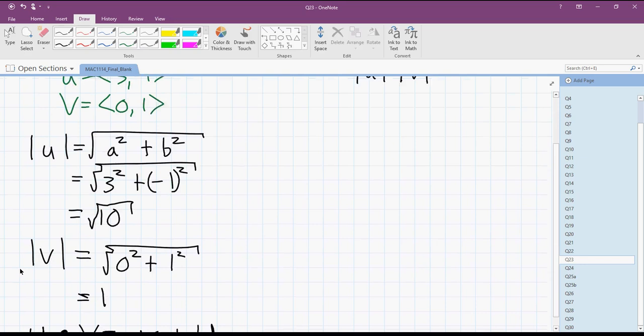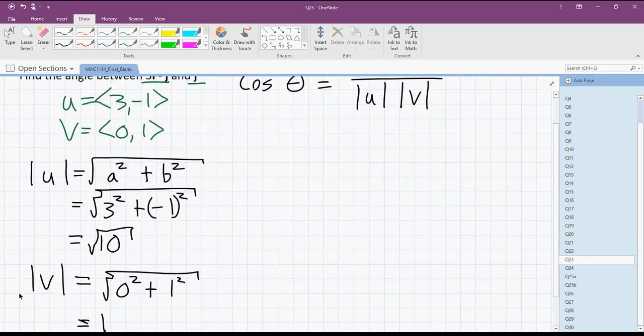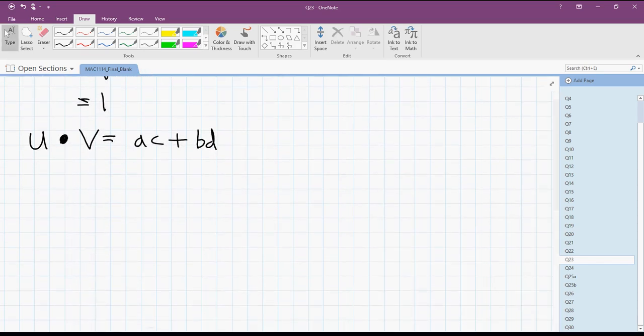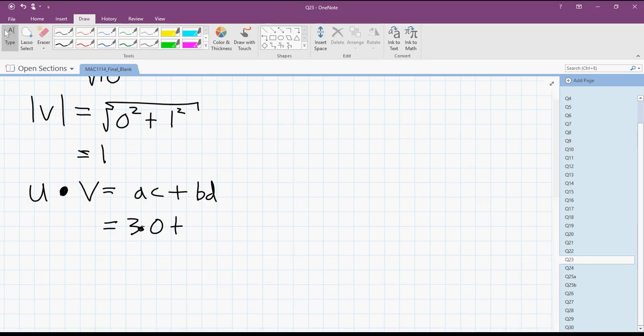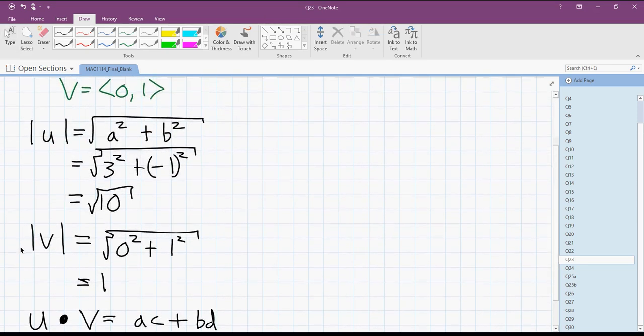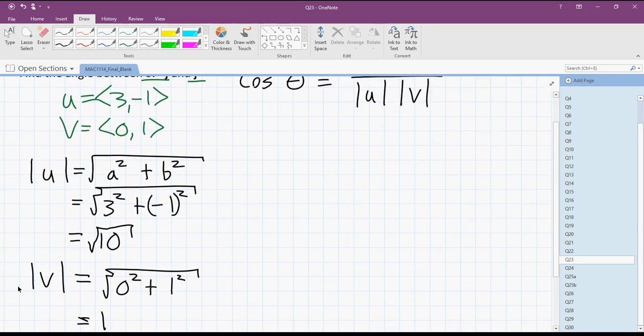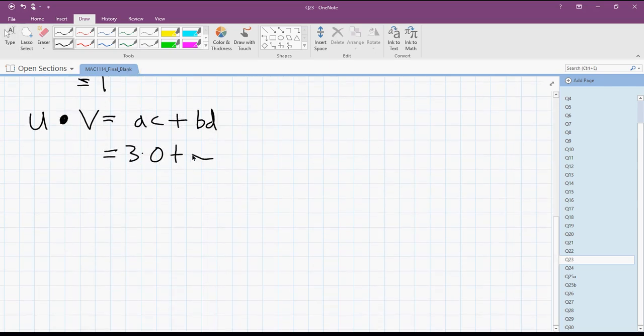So, what is our A from the first vector? Or in other words, the X. 3. What is the X or the C part from the second vector? 0. So we're going to take 3 times 0, and we're going to add the B part from the first vector, negative 1, times the D part from the second, 1.